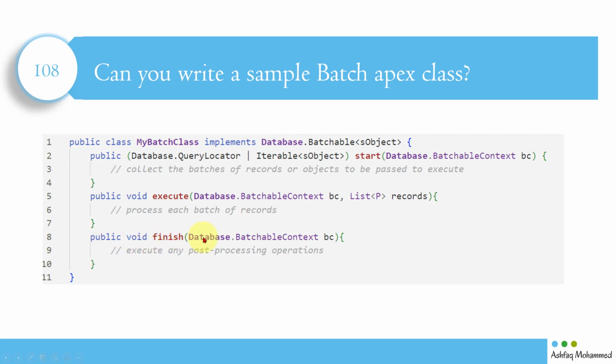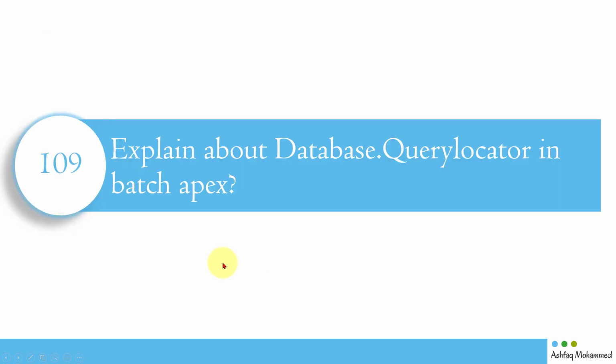Then public void finish with Database.BatchableContext bc, and execute whatever final actions you want. Practice the whole batch Apex, but focus on these three methods so that you remember them. Cool. Let's go to the next question.